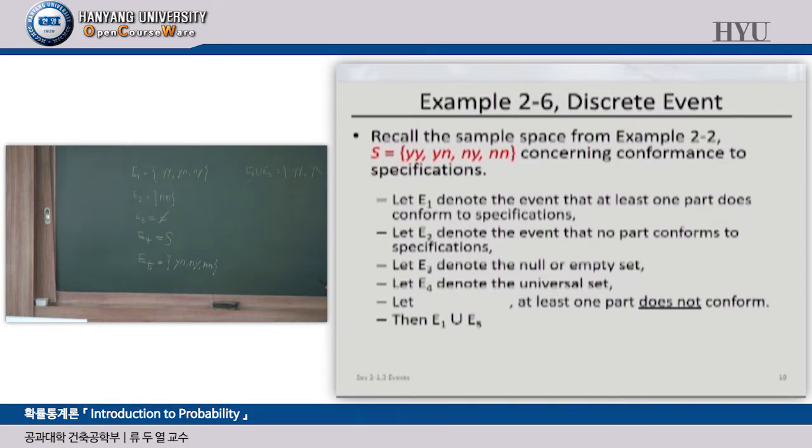But as you can see here, this part is duplicate with the previous one, right? So we have to delete these things. Then finally we can have the event as follows: YY, YN, NY, NN. And this is the total sample space, right?